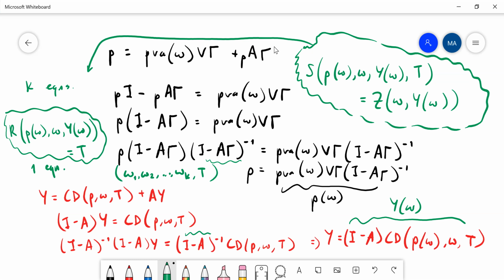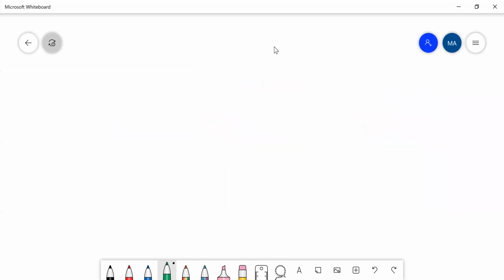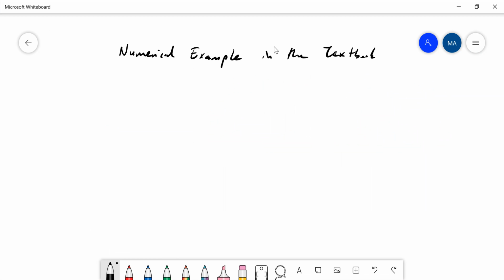Now in the textbook, there's a numerical example. In that numerical example, there will be a couple of different exercises.